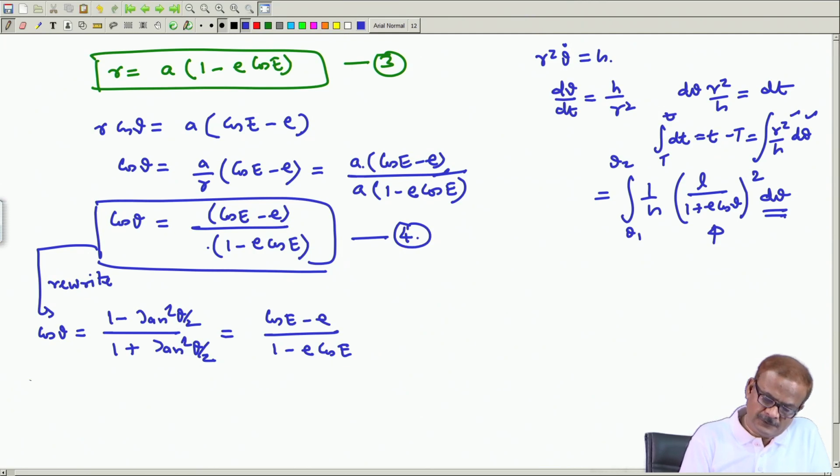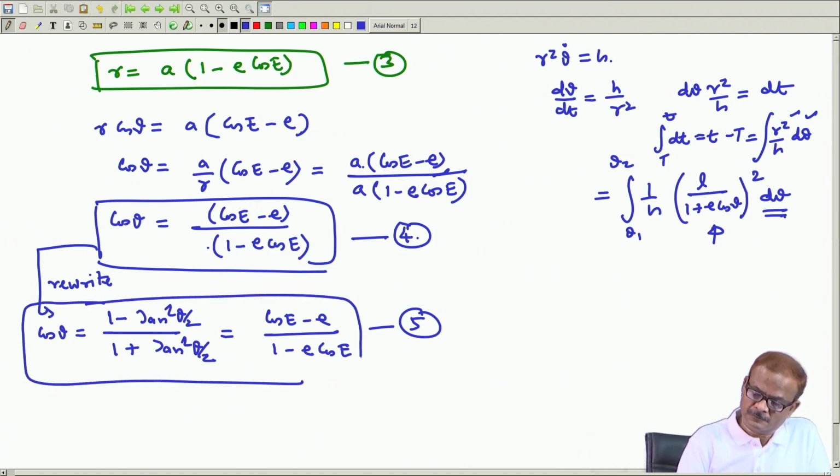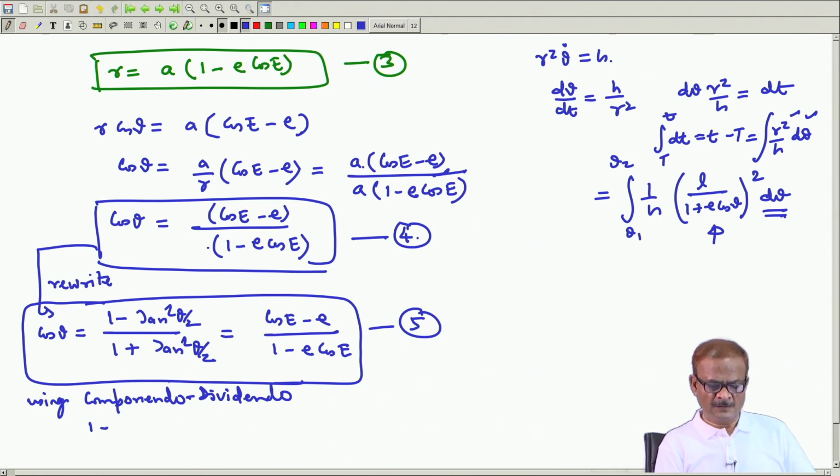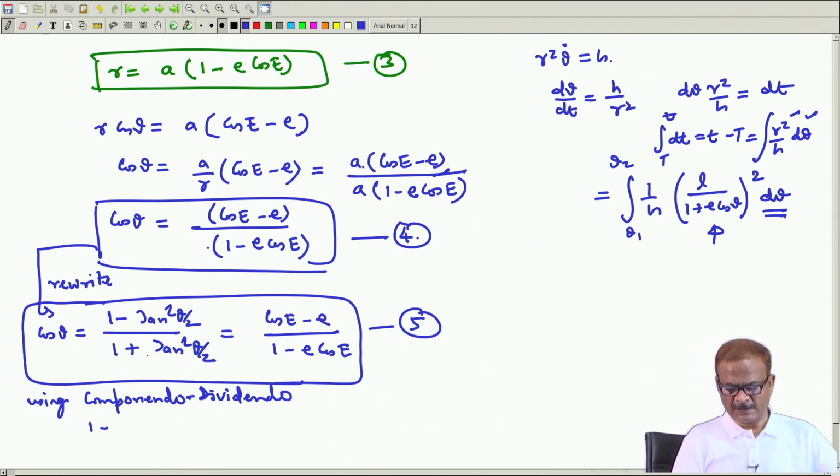Now, using componendo dividendo, we write this as 1 minus... simply we have to add the denominator into the numerator, on the left and right hand side.